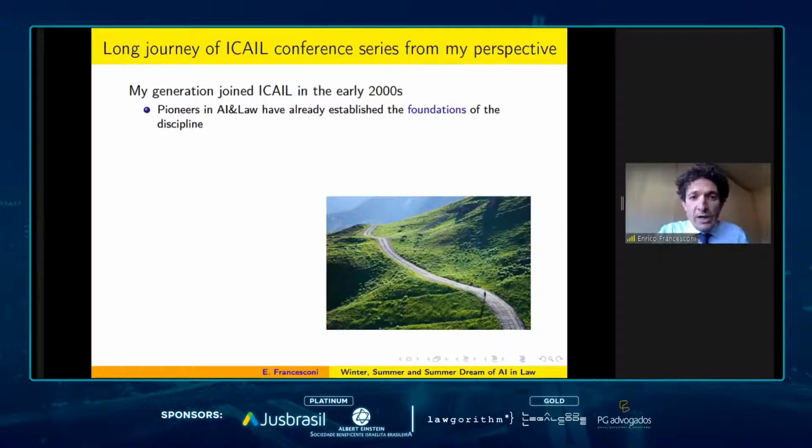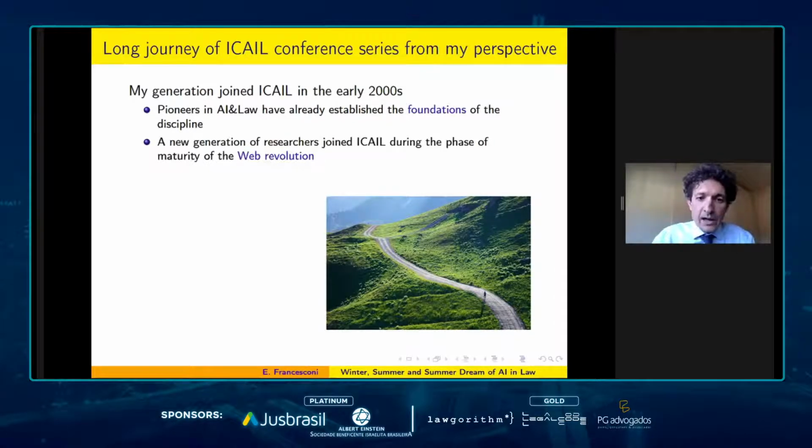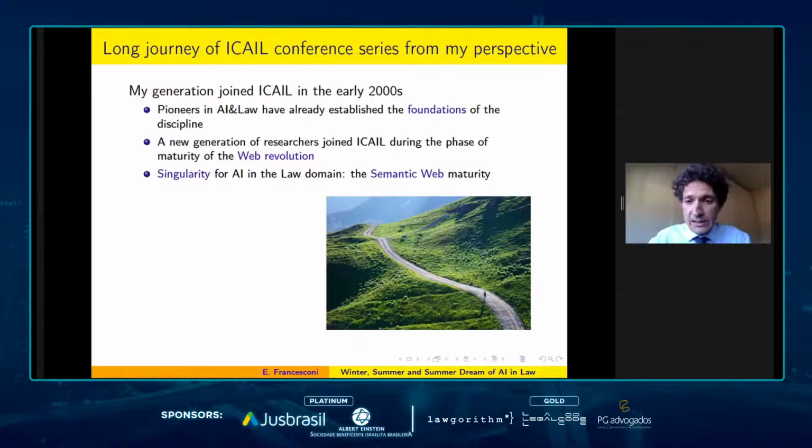I'm part of a generation that joined ICAIL in the early 2000s, when the pioneers of AI and law had already established the foundation of the discipline. And a new generation of researchers joined ICAIL during a phase of maturity of the so-called web revolution. In this period, I would like to underline a singularity for the AI and law domain, which is actually the semantic web maturity.